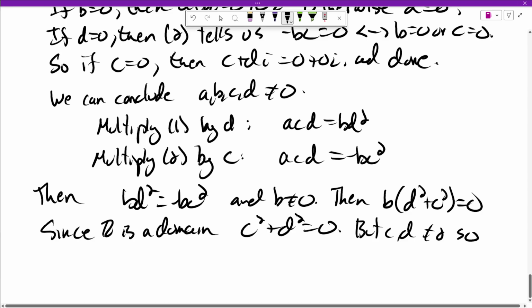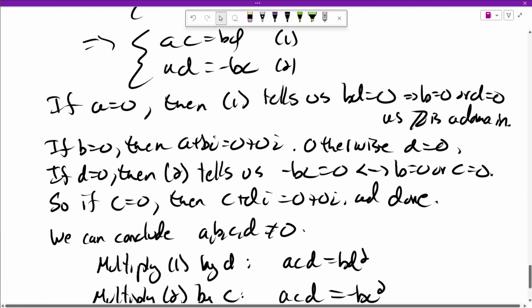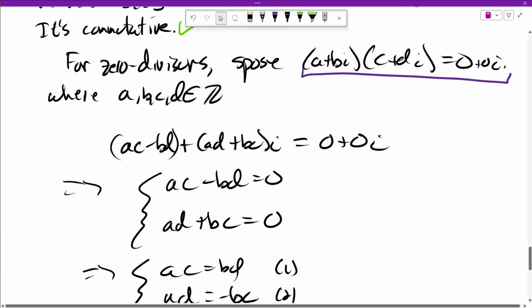So what must be the case? Well, we have a contradiction. Okay, so what have we contradicted? We contradicted the fact that none of these are 0. So it must be that one of them is 0, in which case we have, in fact, that one of the whole terms is 0.